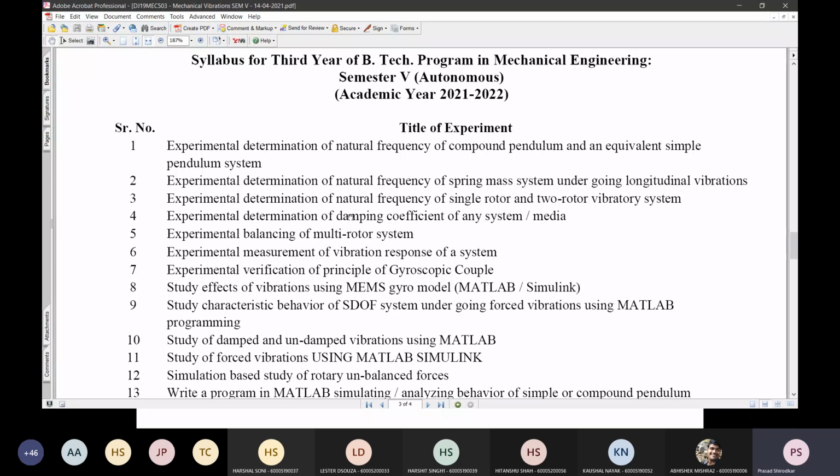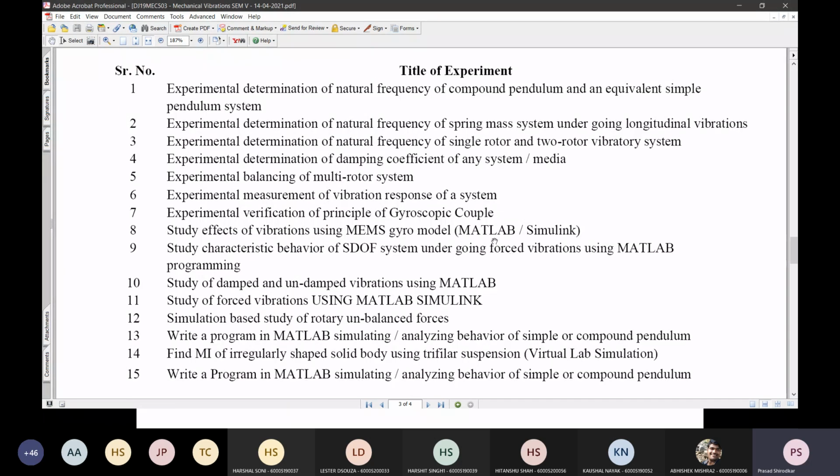We will be doing exercises on MATLAB Simulink, or alternative open source software, where we will be studying basic vibration systems. And once you know how to do it, you can enhance your knowledge on your own by doing research, and that will be helpful to you. All these software are very important from the industry point of view.